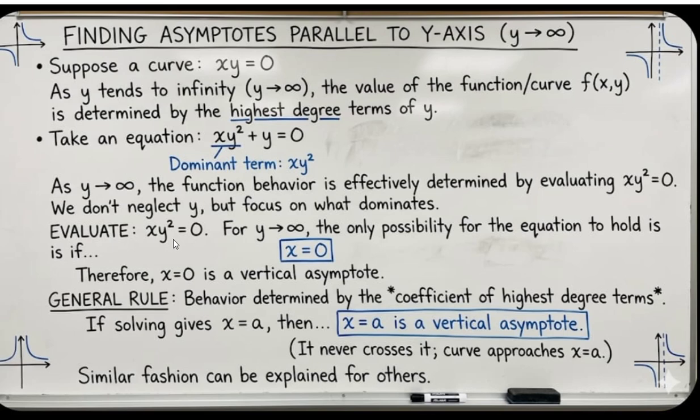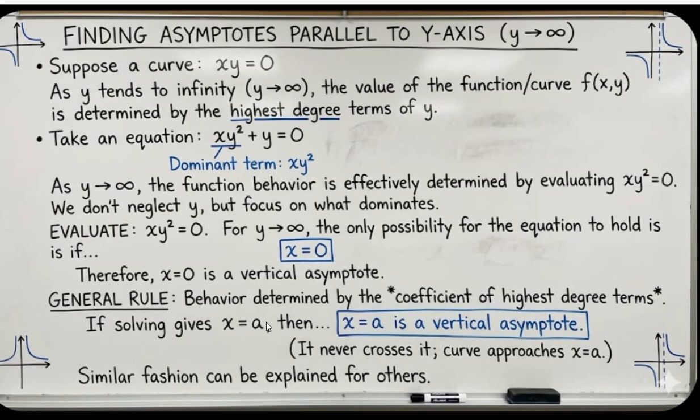Therefore, as y tends to infinity, the only possibility is that x is equal to 0, which is the vertical asymptote. The behavior is determined by the coefficient of the highest degree term. If solving this gives x = a, then x = a is the vertical asymptote, meaning as y tends to infinity, x becomes equal to a.